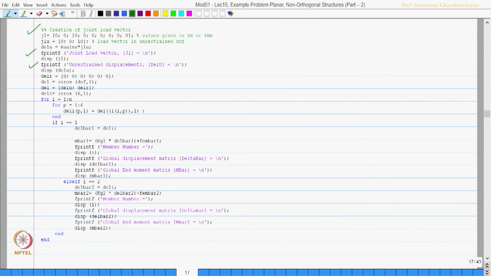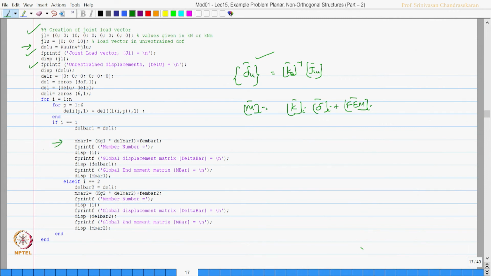Then I find the unrestrained displacement in global degrees of freedom, which will be K bar inverse UU times J L U. Once I obtain this, I can find M bar of the ith member as K bar of the ith member with delta bar of the ith member plus FEM bar of the ith member.